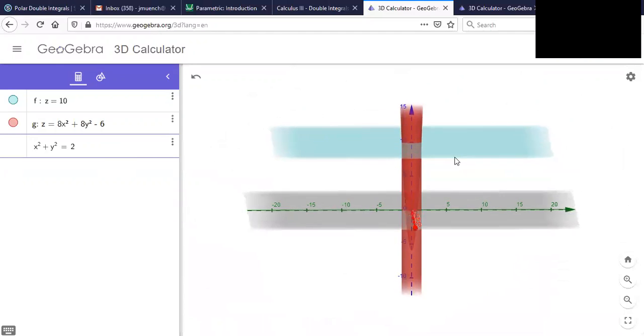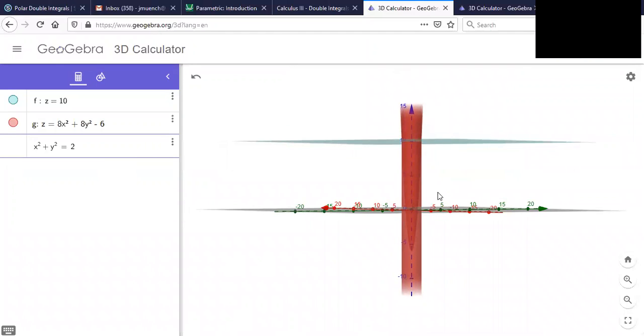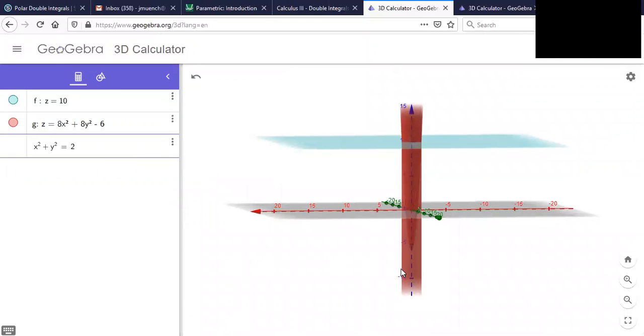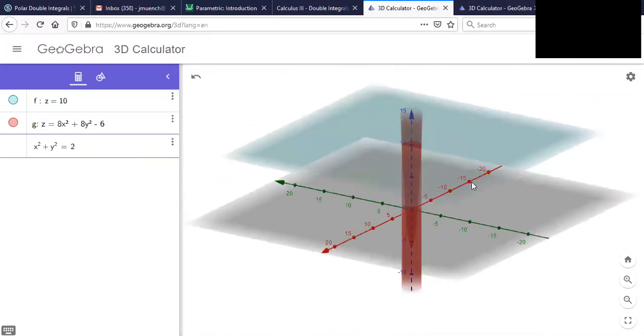So what we're looking for is, bounded by this cylinder, the difference between the two regions below here, which is what we ended up finding. So we're going to look at one more particular region.